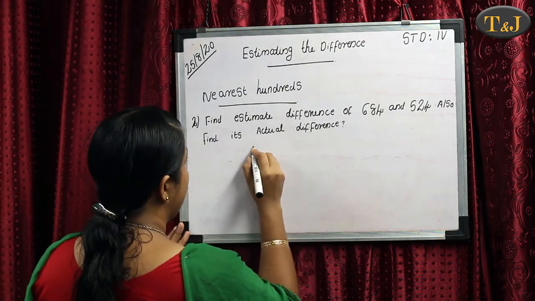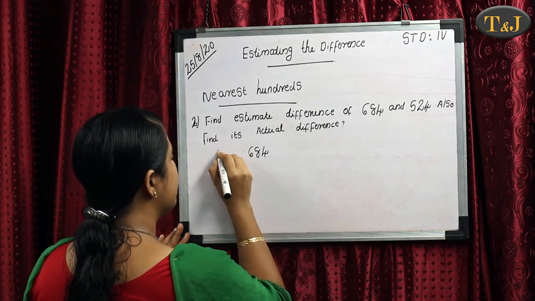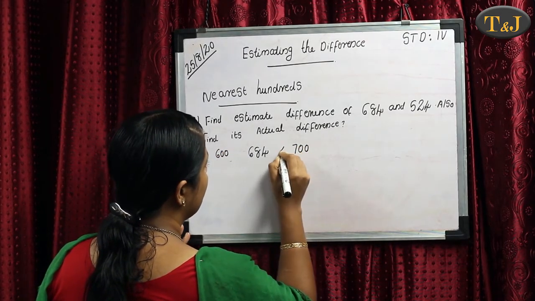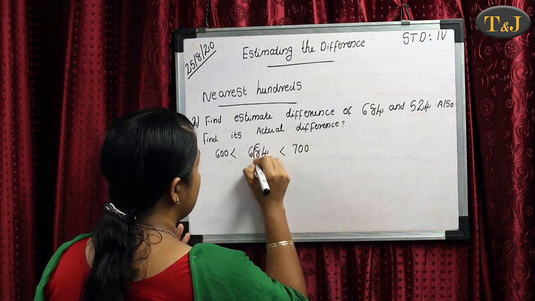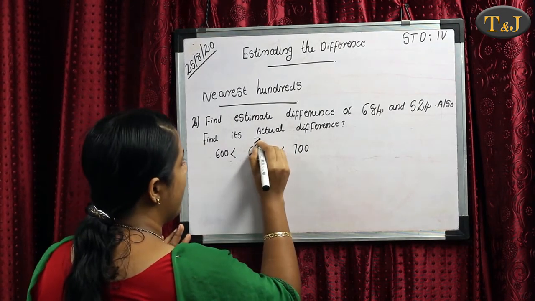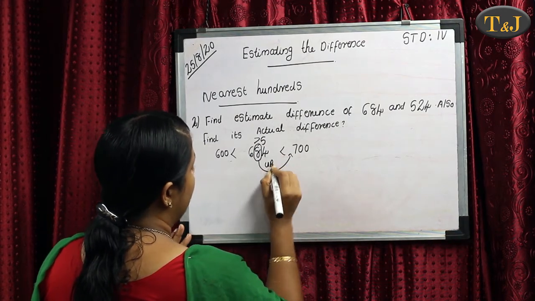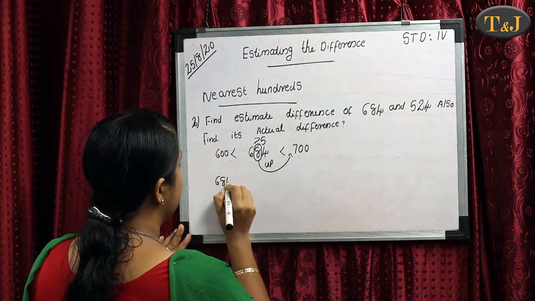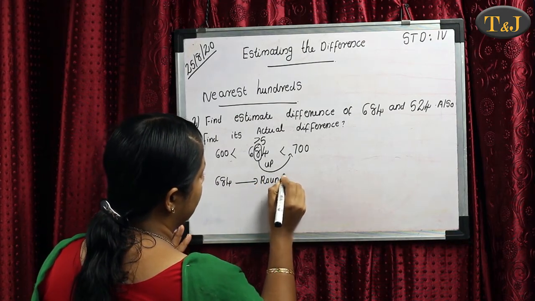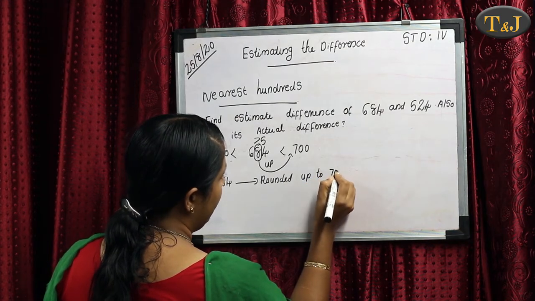First we take the value 684. 684 lies between 600 and 700. Next we take the tens place value. Our tens place value is 8, so it is greater than 5. So it is rounded up to 700.